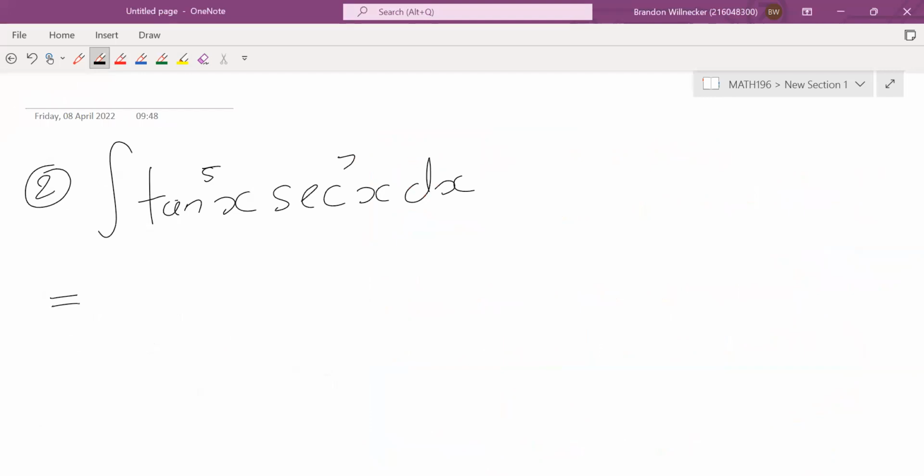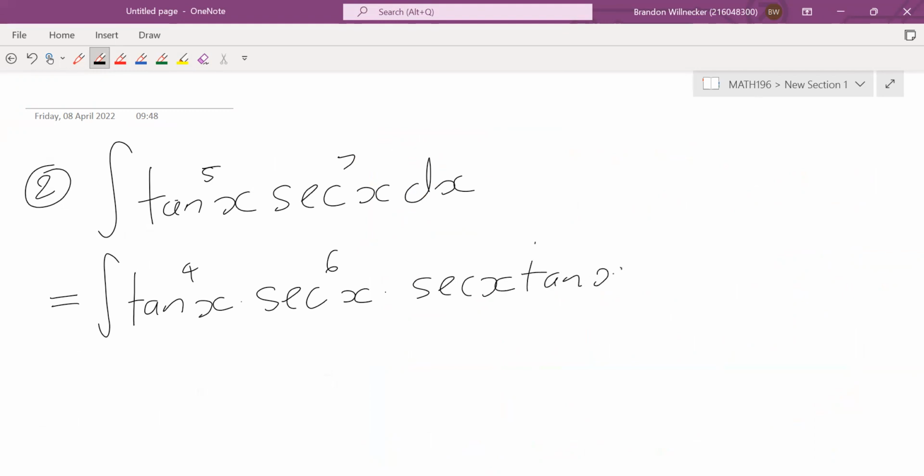So first we need to factor out sec x tan x. So we take out one of the tans, so it would be tan to the 4x. We take out one of the sec, so we end up with sec to the 6x, sec x tan x. Okay, so this is the part that we factored out.